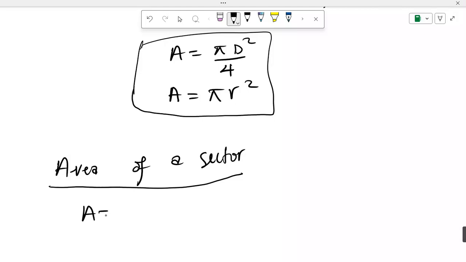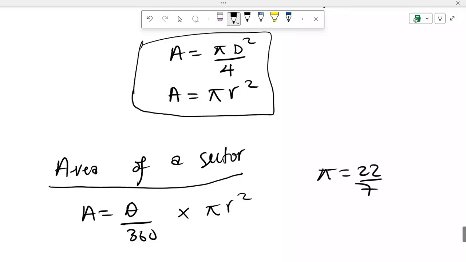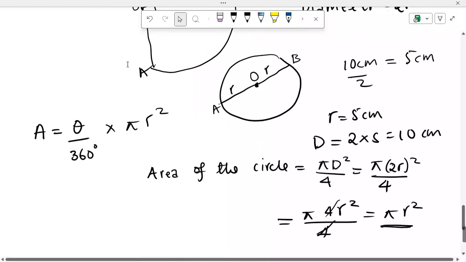So area equals theta, the angle separating them, over 360, multiplied by the area of the circle, pi r squared. We are told to take pi as 22 over 7.